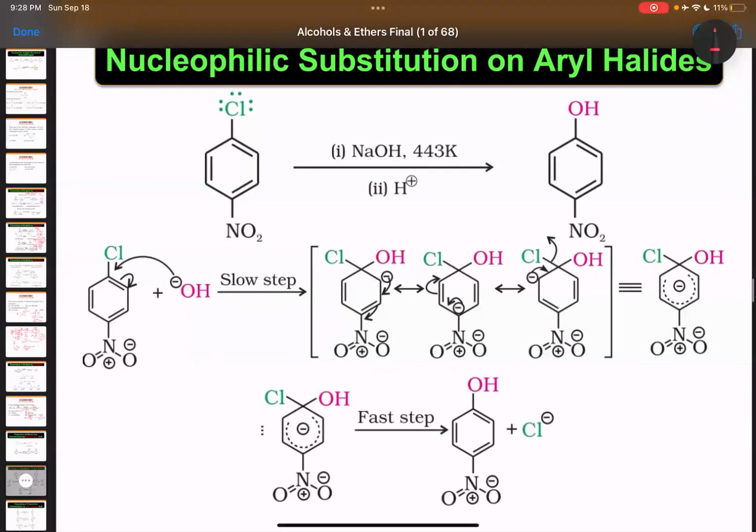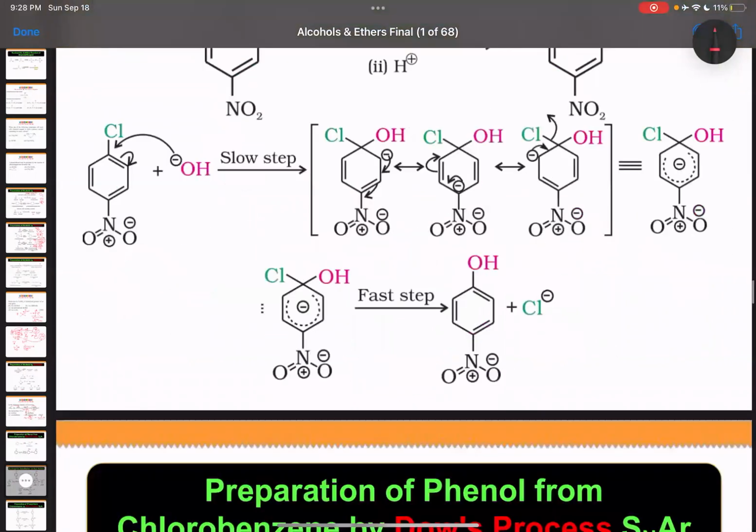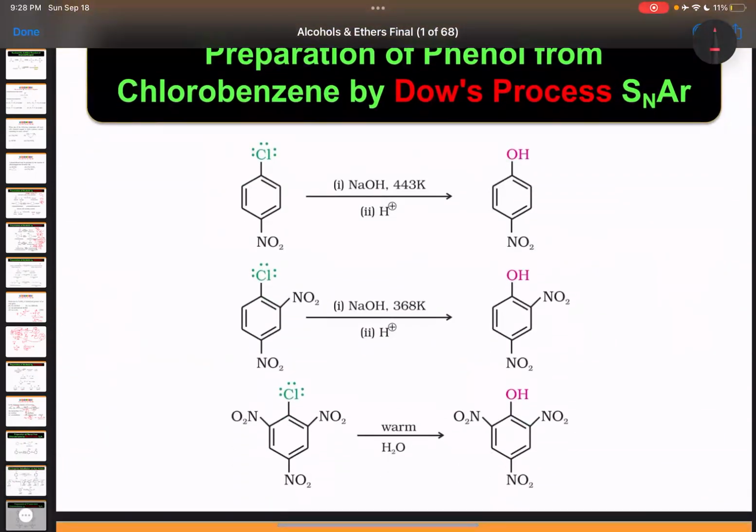So this I can skip, but if you have any doubt, I can explain, not a problem. We discussed that if you have NO2 groups at ortho and para positions, they bring the plus charge because of resonance.